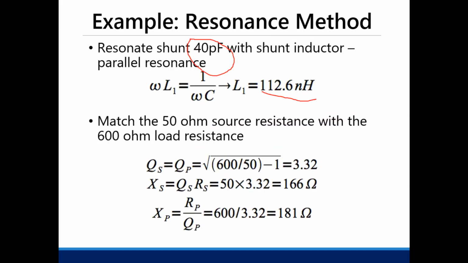Doing that, you get this equation right here. Your Q factor is the square root of 600 over 50 minus 1, which is 3.32. And you compute for the series reactance and the parallel reactance, and you'll get these values.